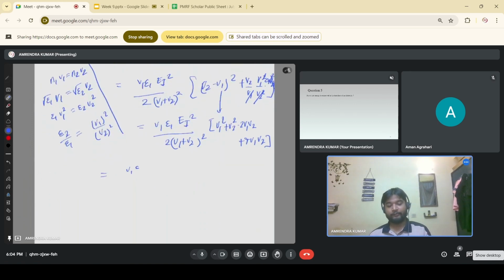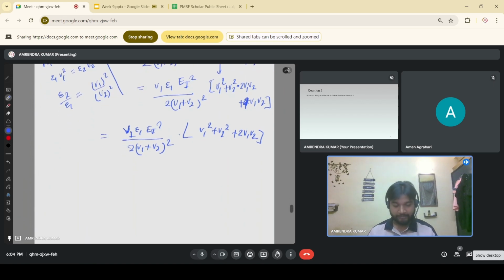Whatever is inside the bracket, this minus this plus, so it will become like this 4. So it is simplified.